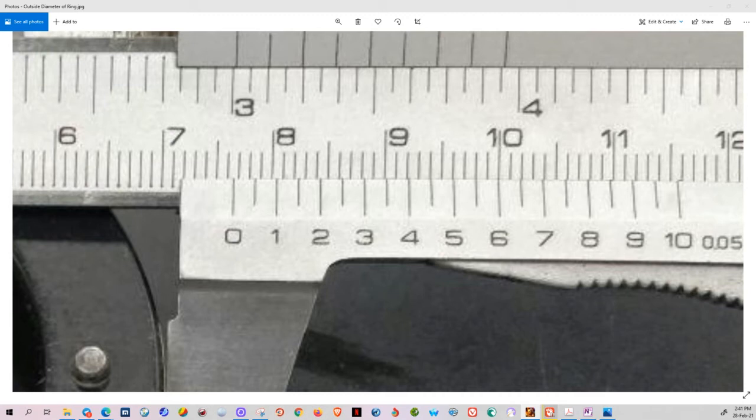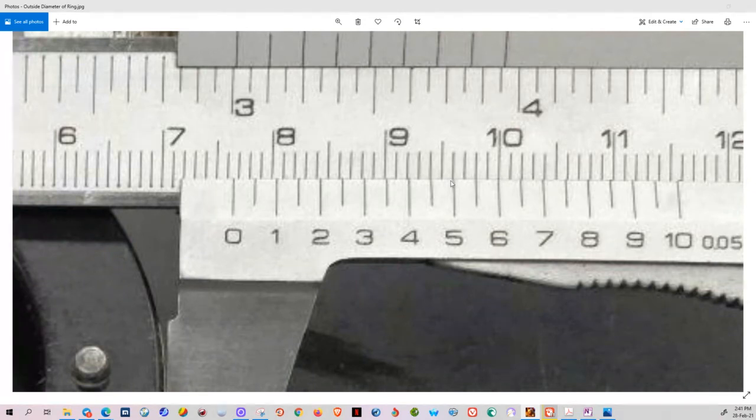Come on, guys, you can do it. 7.65. Are you sure? 7.66. Yes. Look at 6.